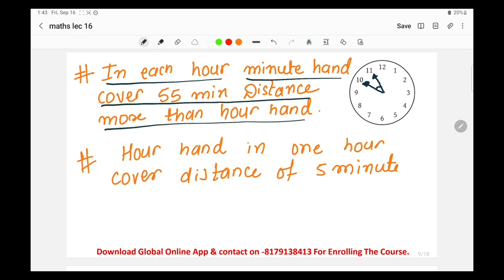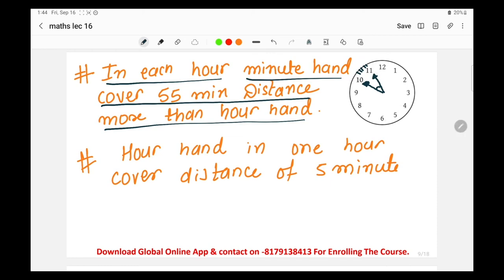Basically, the hour hand is covering the distance of only 5 minutes, right? The hour hand is at 10, and it is moving from 10 to 11. So the hour hand has covered a distance of only 5 minutes. But the minute hand in 1 hour will cover how many minutes?